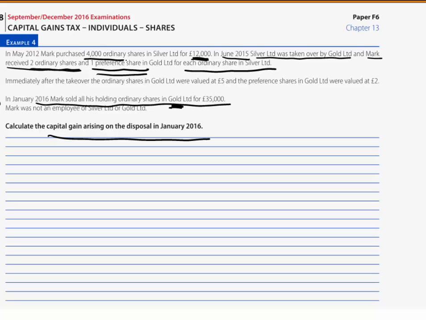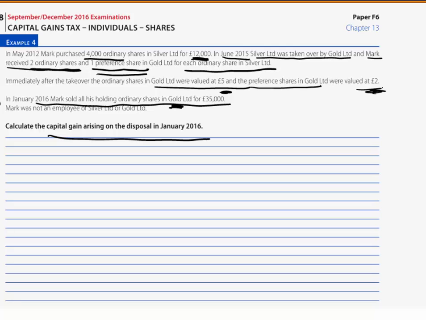That will allow us to work out how many ordinary shares and how many preference shares Mark would then have received in Gold Limited. But of course we need to know the market values of those shares, and we're told immediately after the takeover the ordinary shares in Gold Limited were valued at £5 and the preference shares in Gold valued at £2.